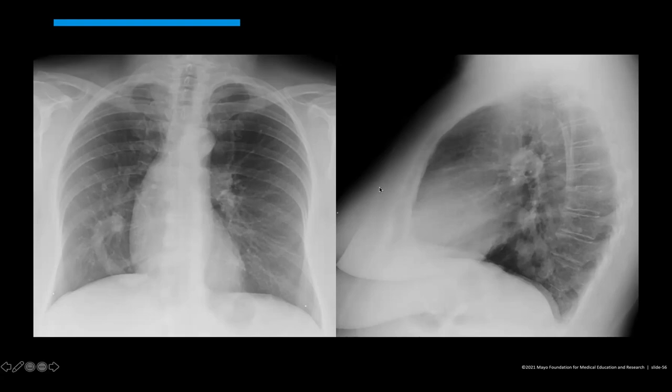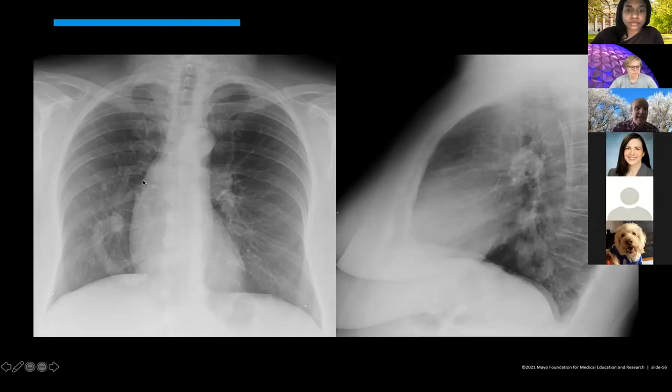So in addition to this large curvilinear density, which is the anomalous pulmonary venous return, we have a small right lung. And then if you look at the hilum, the right hilum is abnormal. We do not see any normal pulmonary arteries. Look at the left hilum. This is what a normal hilum should look like.